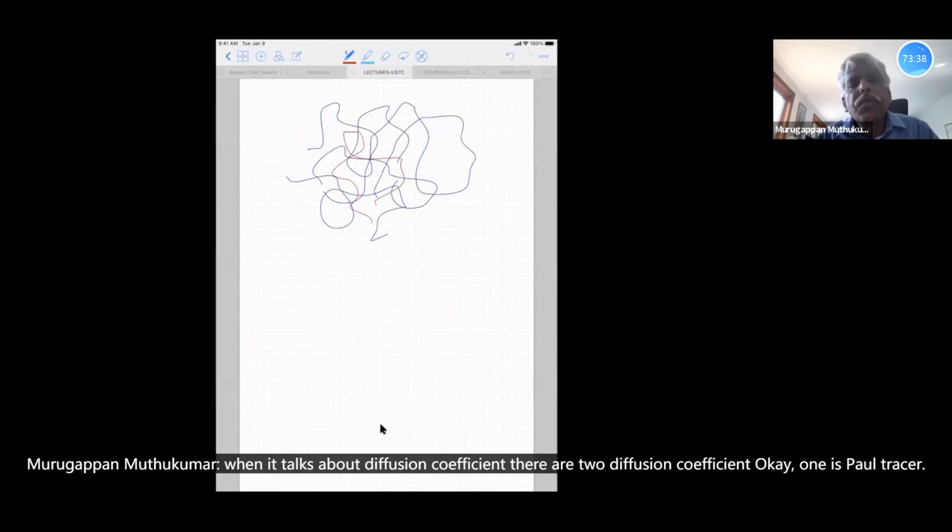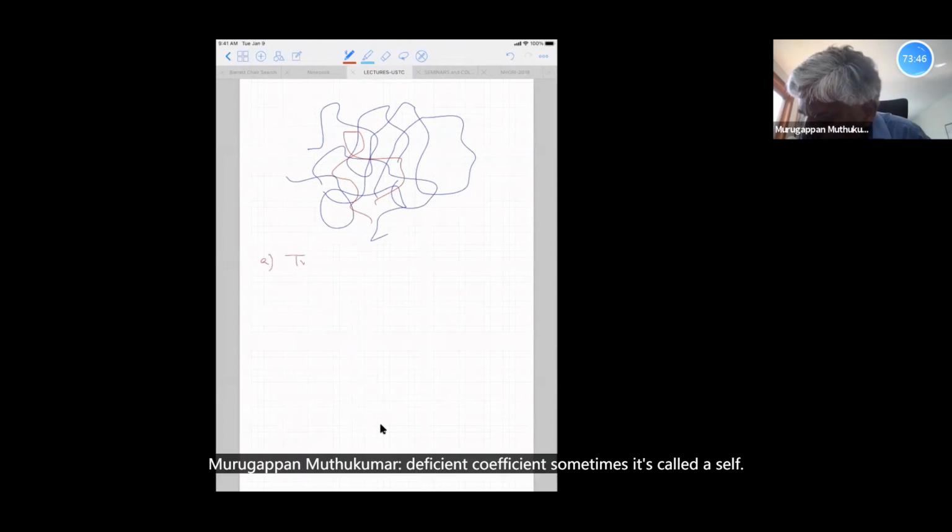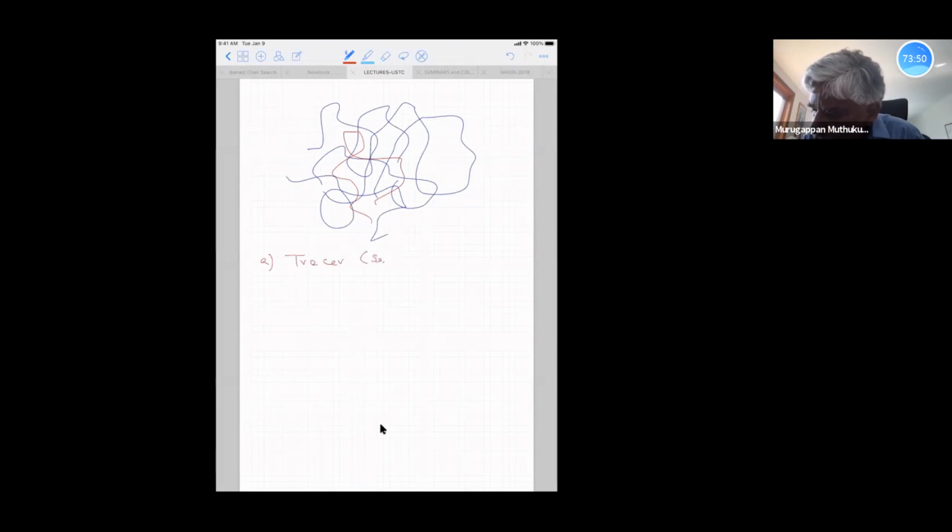When I talk about diffusion coefficient, there are two diffusion coefficients. One is called the tracer diffusion coefficient, sometimes called the self diffusion coefficient.